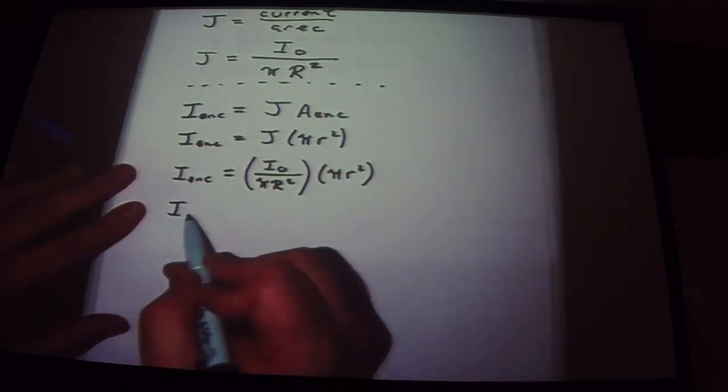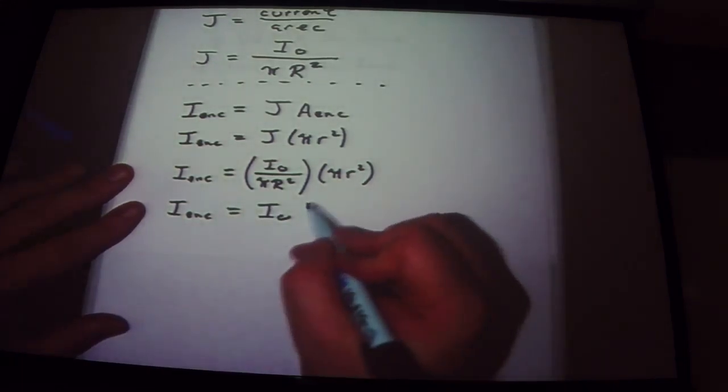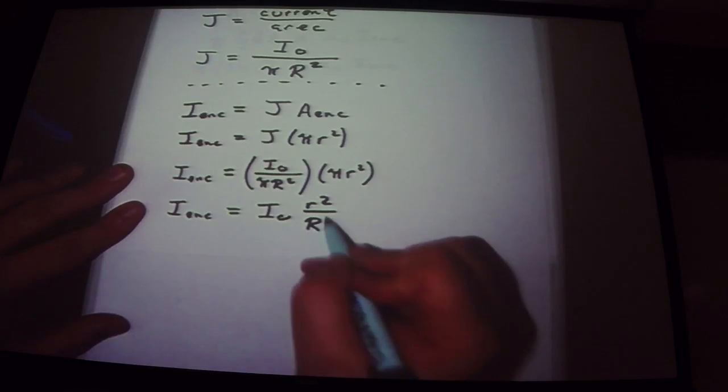So what I get is that the I enclosed is equal to I naught multiplied by little r squared divided by big R squared.